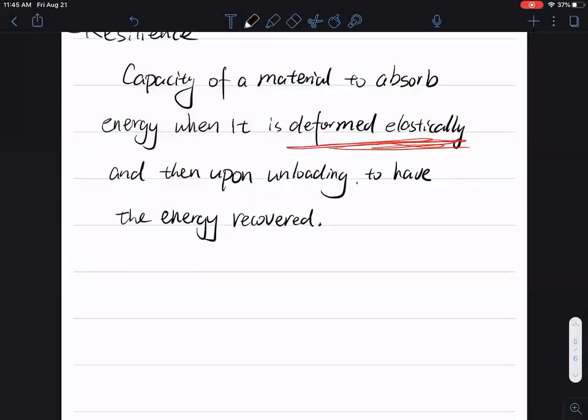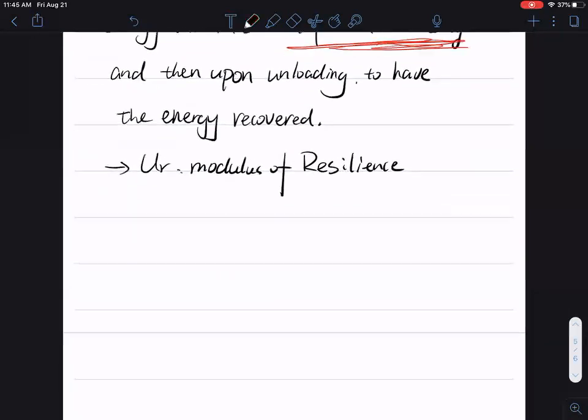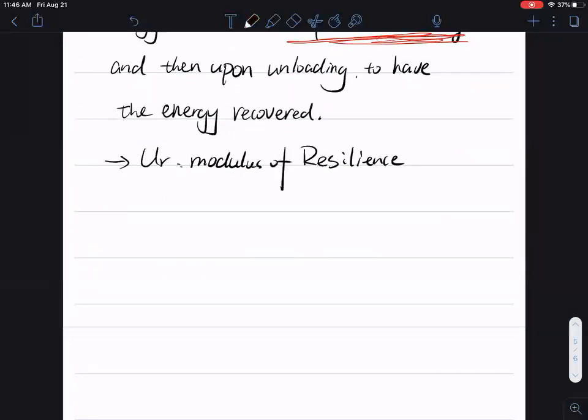The symbol for resilience, the modulus of resilience, that I'm going to introduce, is U_R. That is the modulus of resilience, and it can be found from the stress strain curve.